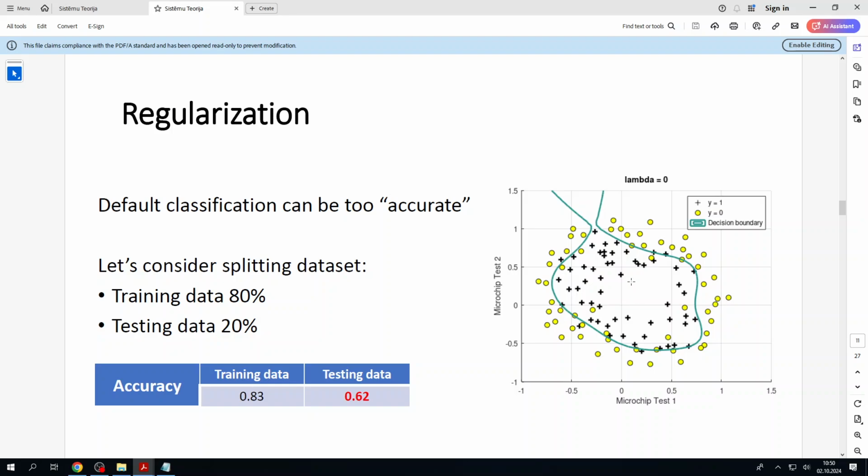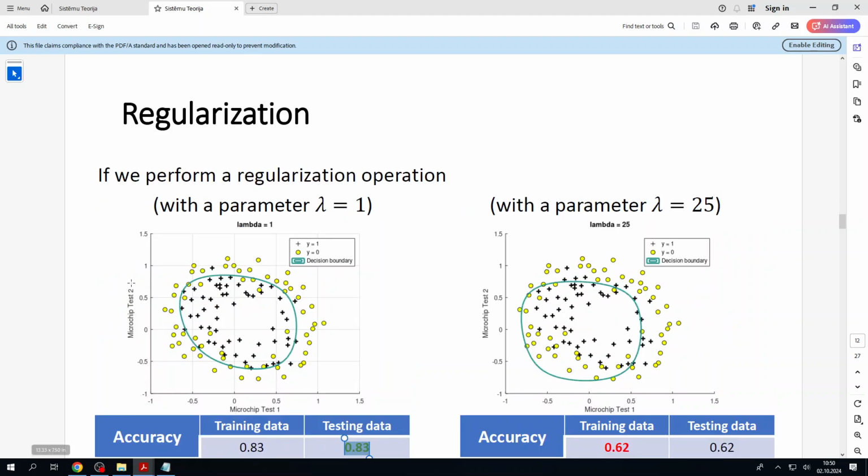So this is without regularization, this is with optimal regularization, and this is with excess regularization, leading to the underfitting problem. So now we have this parameter lambda, just like the alpha parameter before, which we can change to control the regularization. So how exactly does this regularization work?